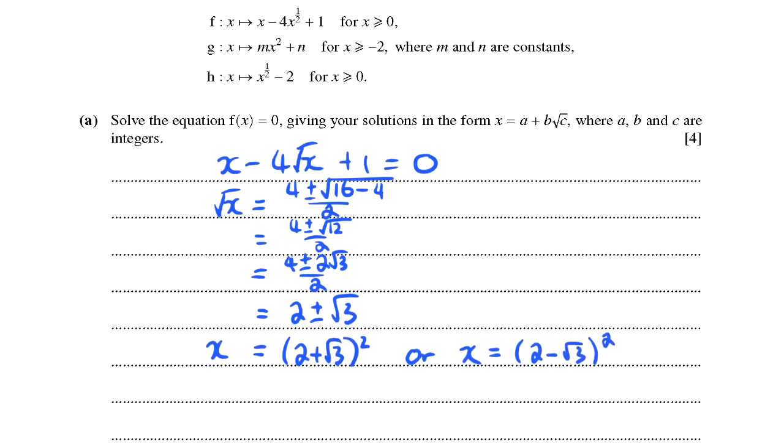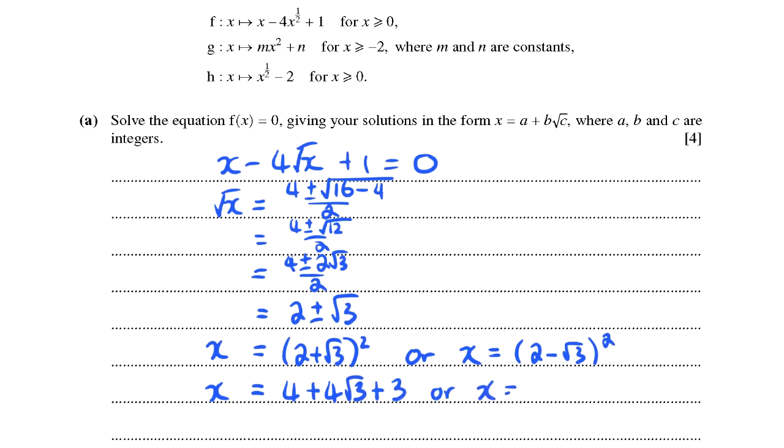Okay, so the first case, x is going to be 2 squared, which is 4, plus 2ab, which is 4 root 3. B squared is root 3 squared, which is just 3.